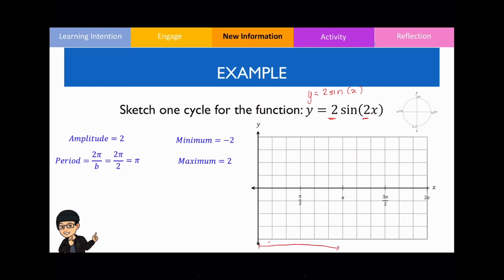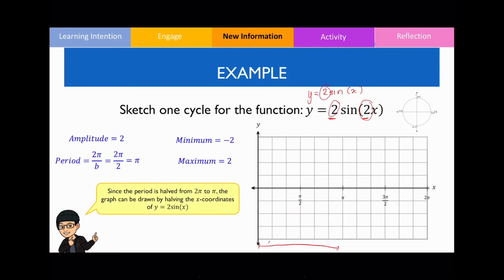So I'm going to just draw the regular version where it doesn't have this 2 over here. Therefore, because I don't have a 2 there, I'm going to take the whole space. My full cycle will go all the way to 2 pi. And the reason why I'm doing this is because I'm going to keep this the same. So therefore, your amplitude is going to go up to 2. If I was just to keep this the same, your graph would still look something similar to this for y is equal to 2 sine x.